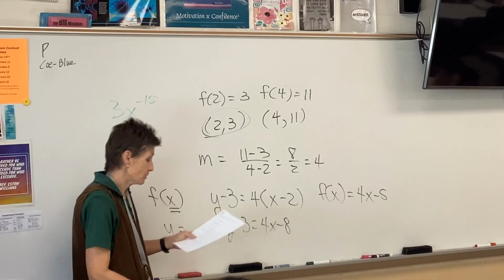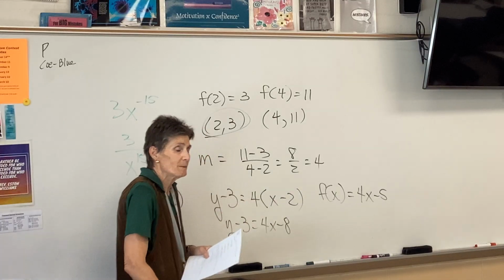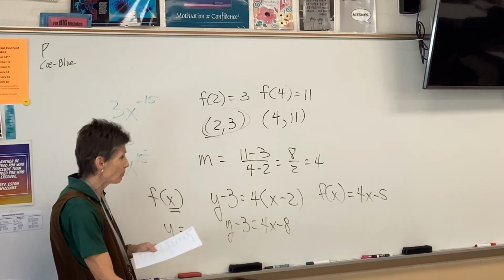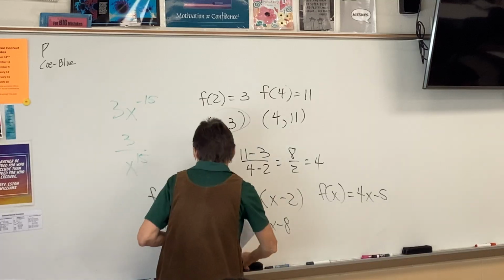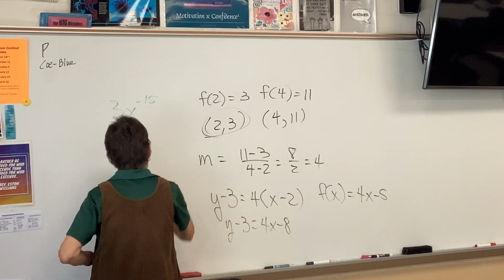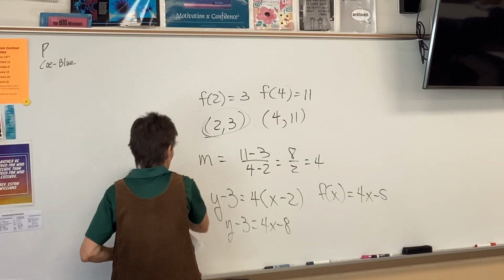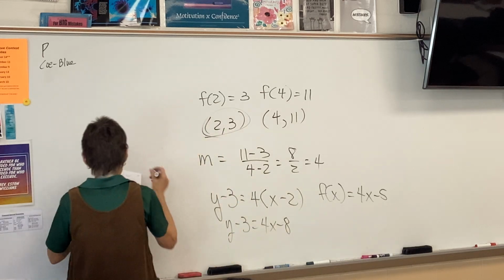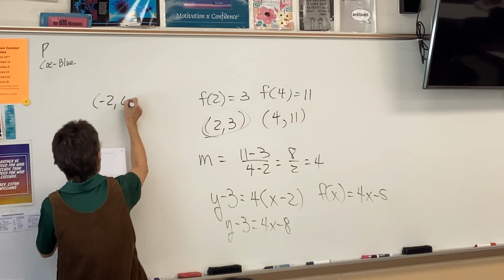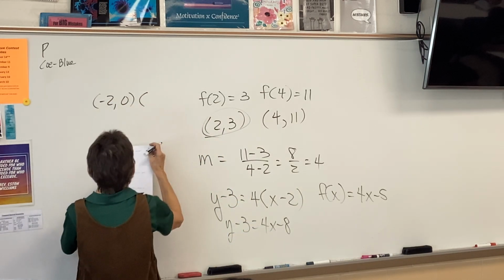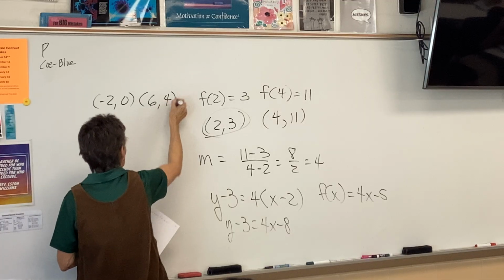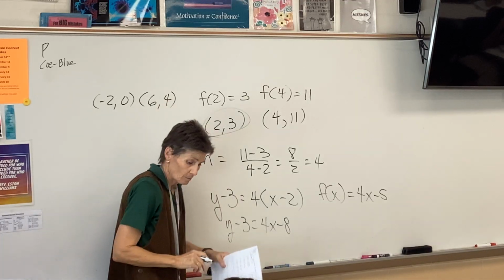Now, you and your partner, do exactly the same problem. So your points are negative 2, 0, and 6, 4. All right, go. Write the equation.